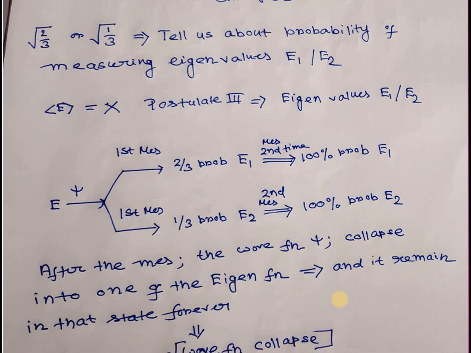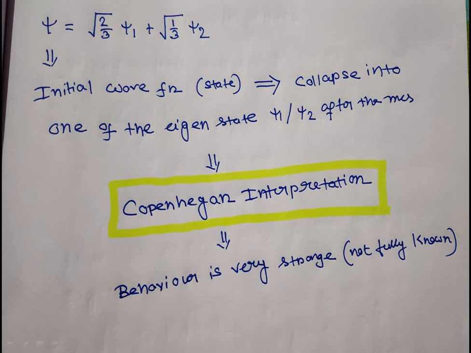Now this is a very interesting phenomenon, and it is basically called the Copenhagen interpretation. According to the Copenhagen interpretation, the initial wave function or state of a system will collapse into one of the eigenstates, psi1 or psi2, after the measurement.